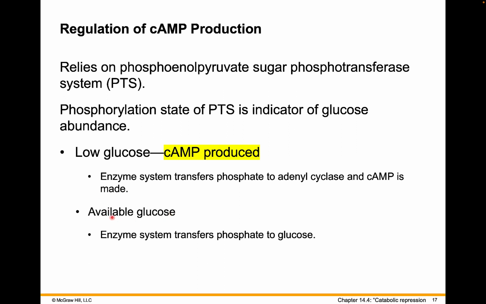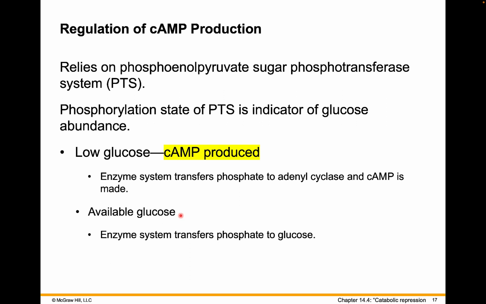On the other hand, when glucose is available, the glucose that comes into the cell is converted to glucose 6-phosphate, as the enzyme system transfers the phosphate to glucose, and cAMP is not produced. So the production or absence of cAMP controls the lac operon in some way as well, and we are going to see that.